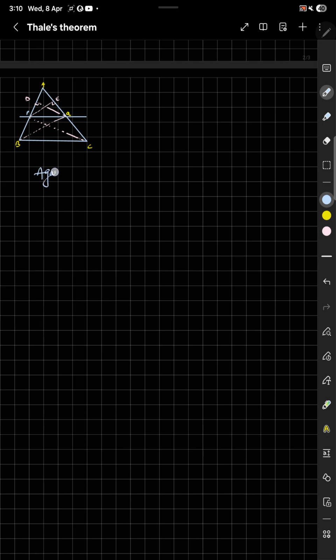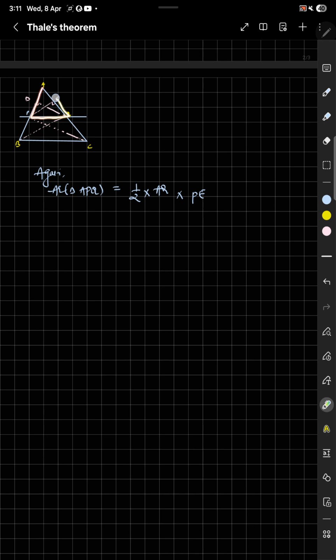Again, if you have to find the area of the triangle APQ, our other approach is 1 by 2 into AQ into PE. How?